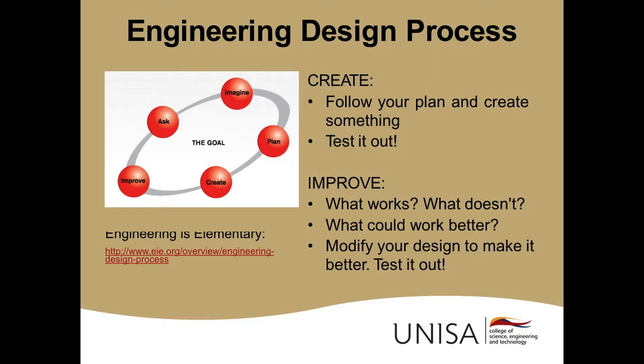When you apply this process to a group of learners in robotics, it's important that you slow them down on the improve step. They are not allowed to destroy their design until they've answered the questions of what works and what doesn't work.